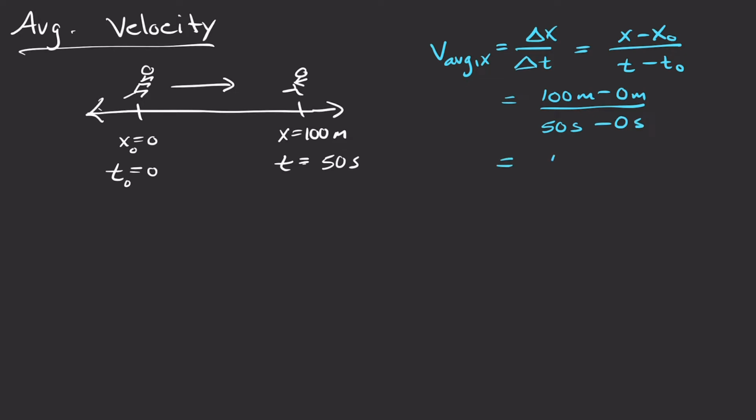So this would be 100 meters over 50 seconds, and that gives us 2 meters per second. And obviously our distance was 100 meters, our time was 50 seconds, so our average speed was the same, 2 meters per second.